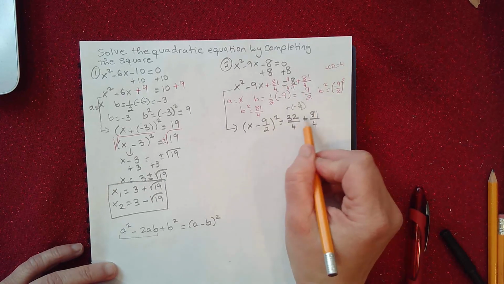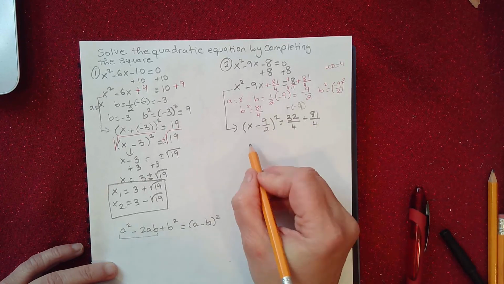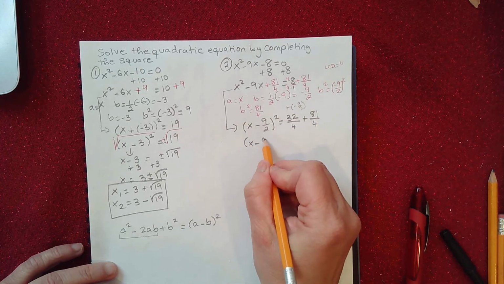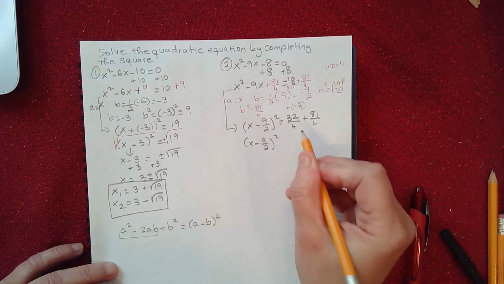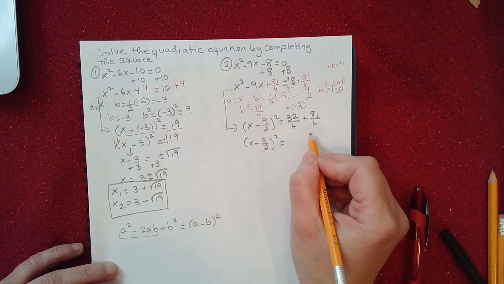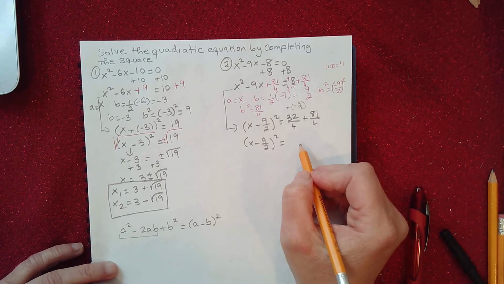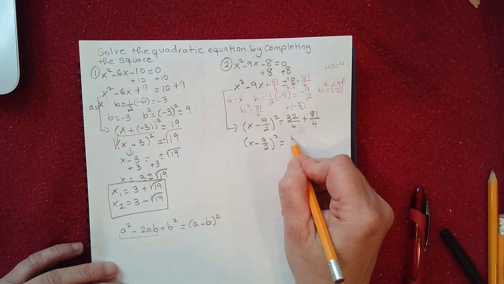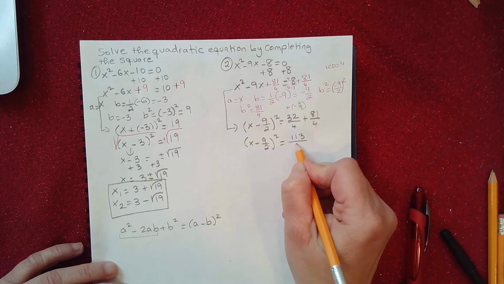Now I can combine these two. So I get (x minus 9 over 2) squared equal to, because I have the same denominator, you just add the numerators. You add 32 plus 81, and you get 113 divided by 4.